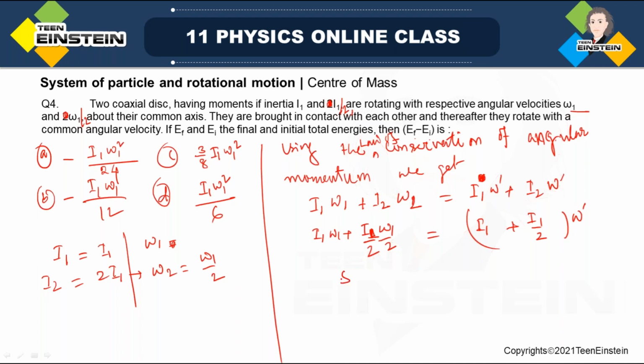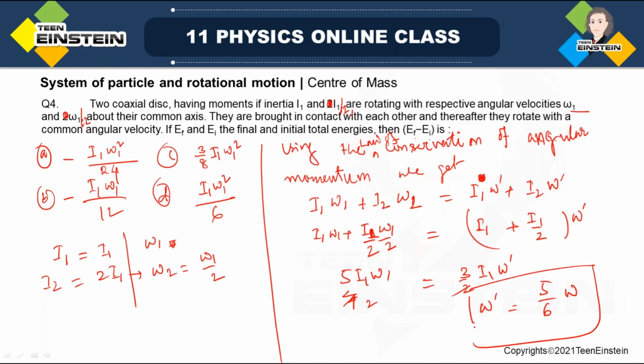So this is actually 4, so 5 I1 omega 1 by 4 equals 3 by 2 I1 omega prime. The 2 goes off here, the I1 will cancel each other, so omega prime will be 5 by 6 omega 1. Okay, I have got this omega prime.